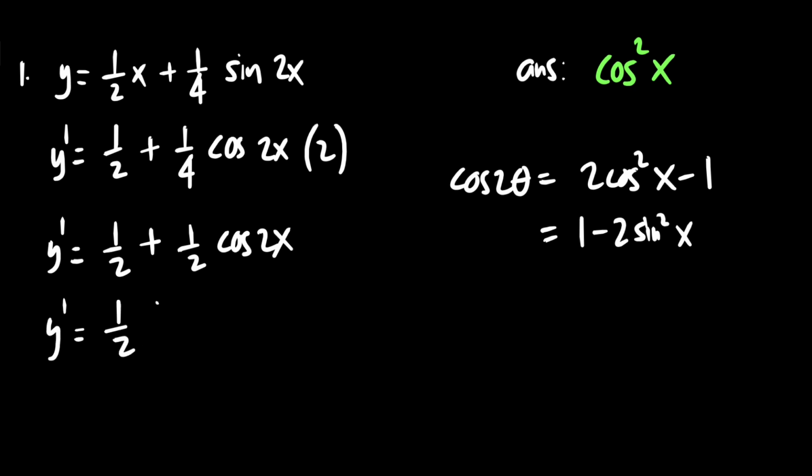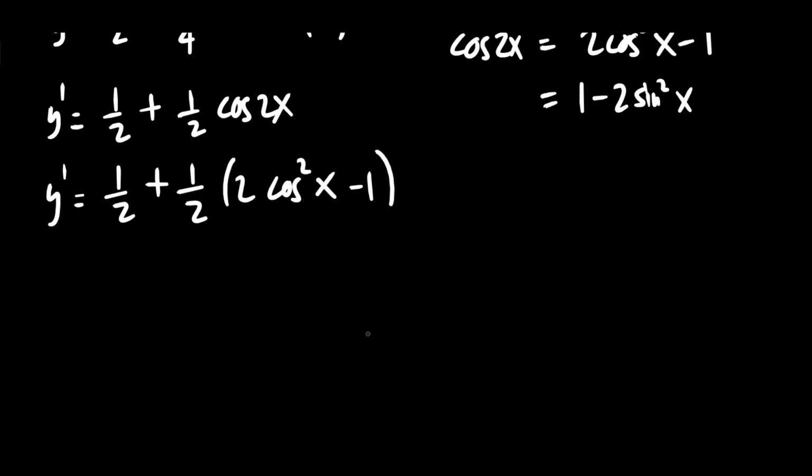So 1 half plus 1 half. Cos 2 theta, so we have 2 cosine squared, where this is theta, so this is x. So this is cosine 2x, minus 1.